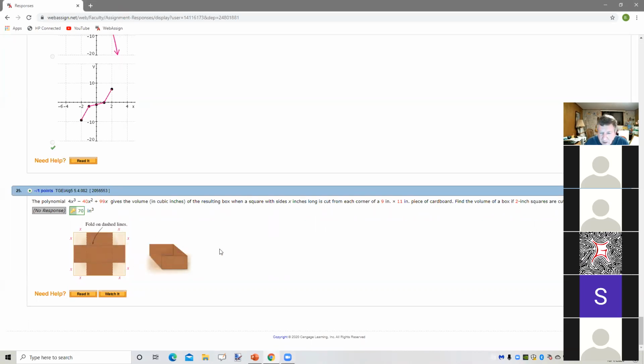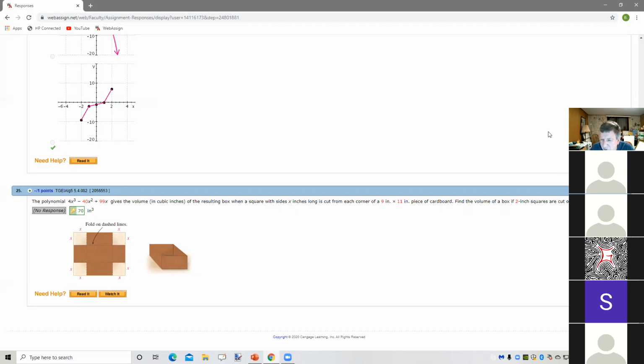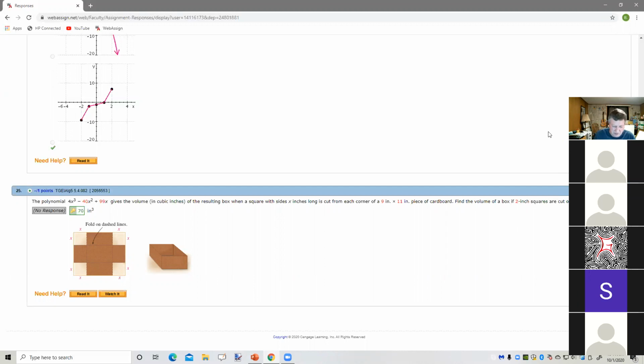Okay. Let's see. When a square of x sides x inch long is cut from each corner of a 9 by 11 box, find the volume if 2-inch squares are cut out. All right. So we've got this piece of cardboard that is 9 inches by 11 inches.